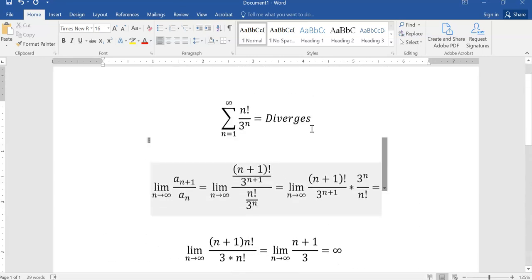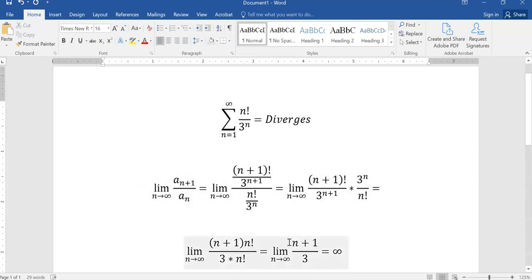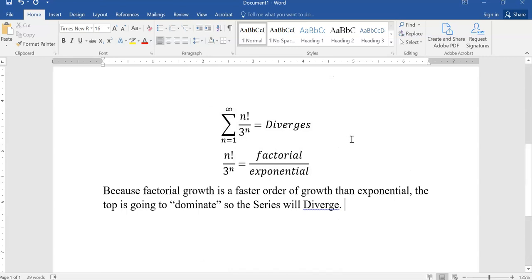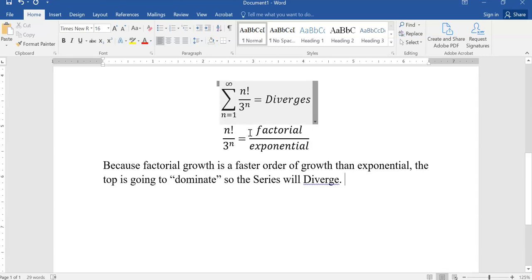Without having to calculate all these limits, ask yourself, well, which piece is the faster growth? Factorial or exponential or n to a power, and all that kind of good stuff.